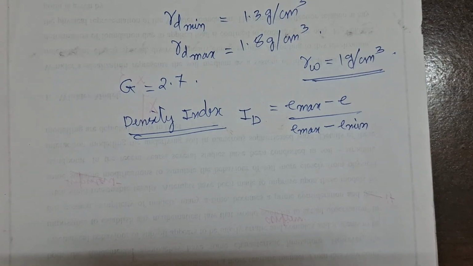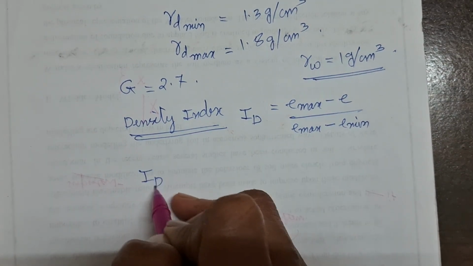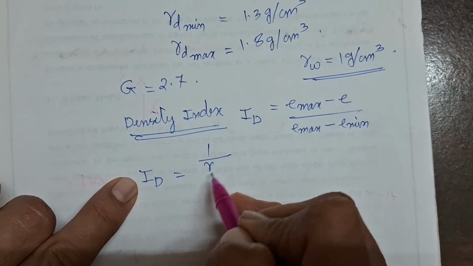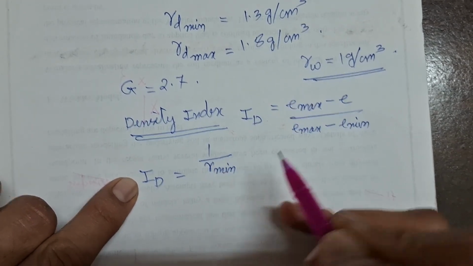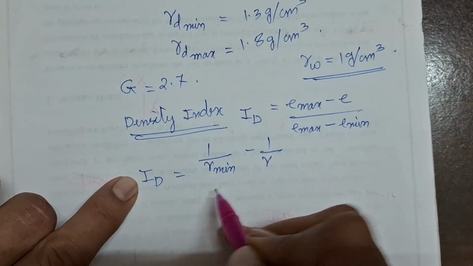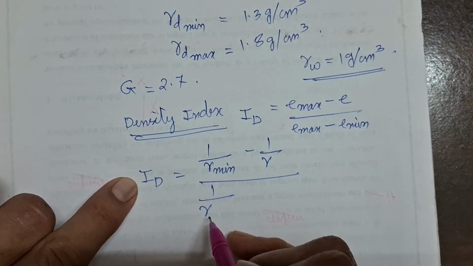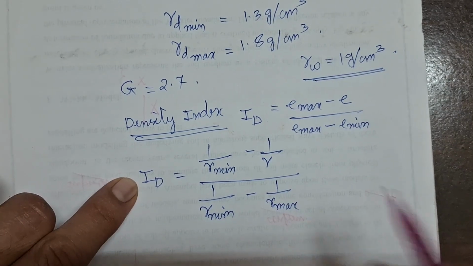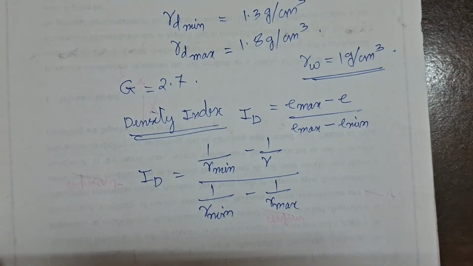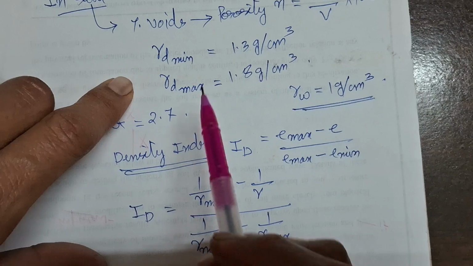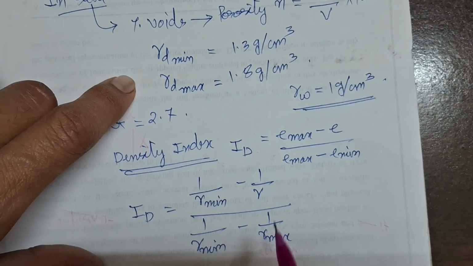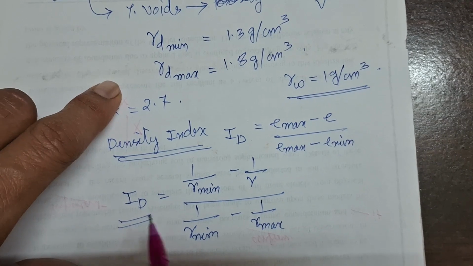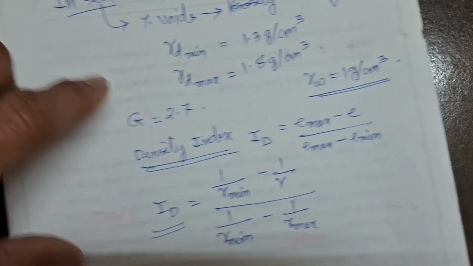There is another formula: ID equals 1 upon gamma min minus 1 upon gamma, divided by 1 upon gamma min minus 1 upon gamma max. Here they have given gamma minimum and gamma maximum, but we don't know the value of gamma. ID, density index, or relative density, are all the same thing.